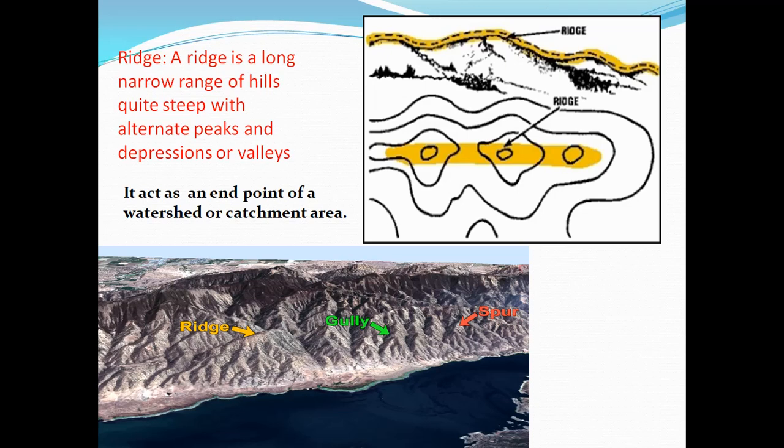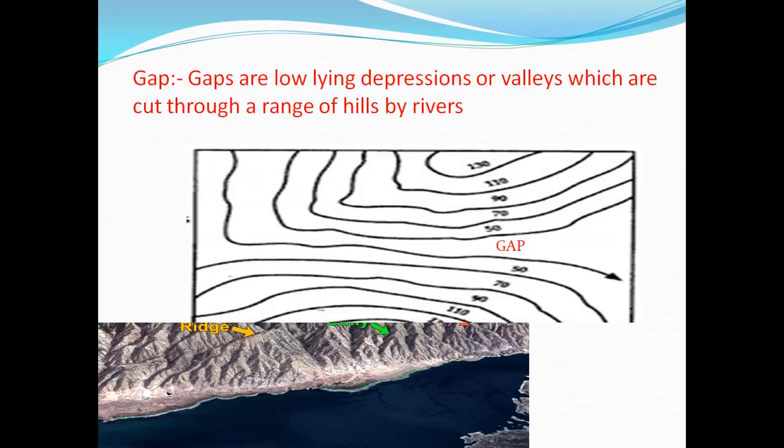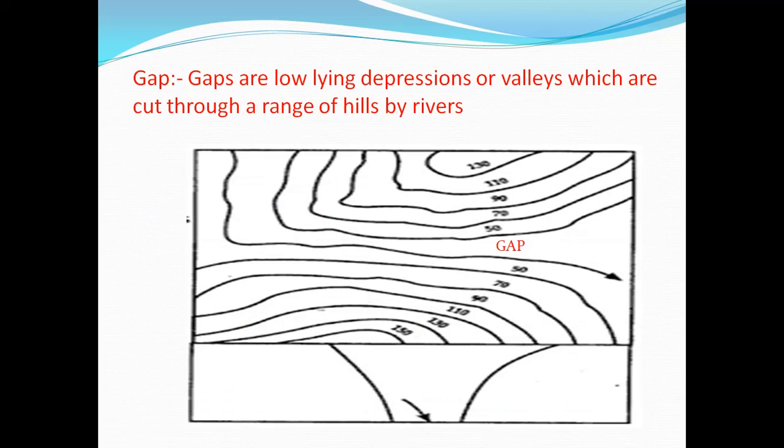After the ridge, now let us have a look at another type of landform, that is a gap. A gap is a low area between two higher elevation land masses such as mountains. It is a depression or valley which cuts through a range of hills by a river or flowing water.